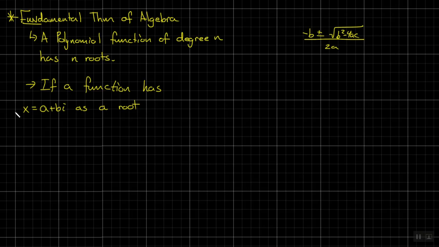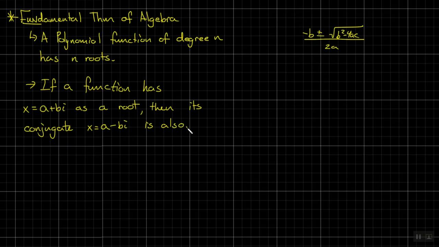If I have this complex root, then its conjugate, and this is an old one, but what's the conjugate of a plus bi? Instead of plus, what do you think I should write? Good. If a plus bi is a root, then its conjugate, a minus bi, is also.